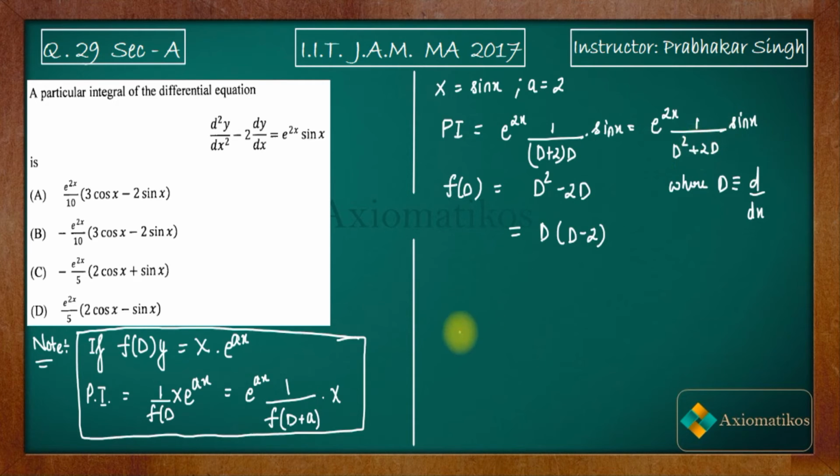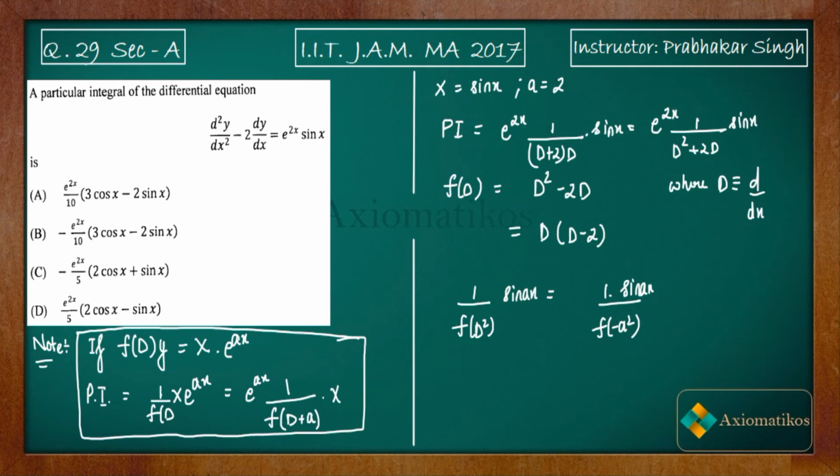We know that if we have f(D squared) and a sin ax over here, then this is equal to sin ax over f(minus a squared). Now use that property here.